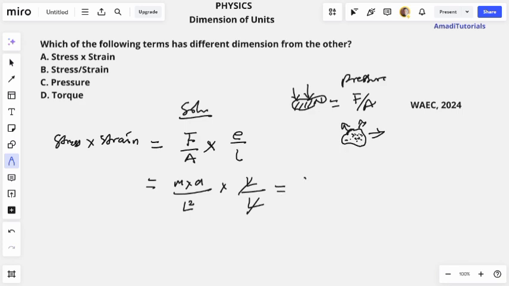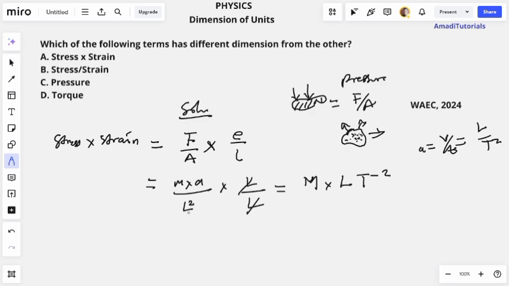So the dimensional unit for mass is capital letter M. Acceleration, which is velocity over time, has the dimension of L over T squared. Acceleration here will be L T raised power minus 2. That's if you take T raised power 2 to the top, it becomes raised power minus 2.